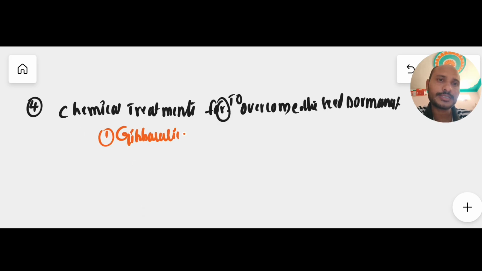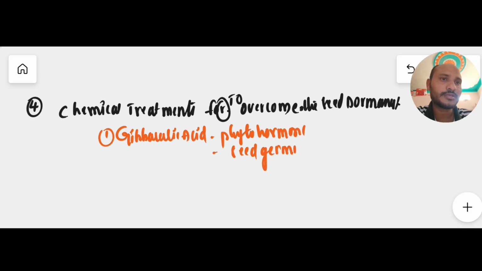Gibberellic acid is a phytohormone, also known as the seed germination hormone. If we treat a dormant seed with gibberellic acid, then the seed undergoes germination. So a very important chemical treatment for seed germination is gibberellic acid.